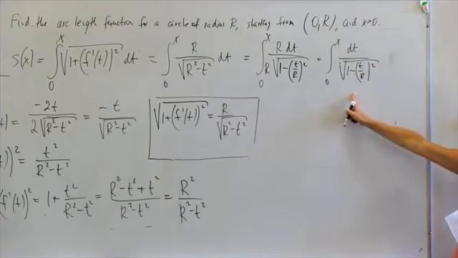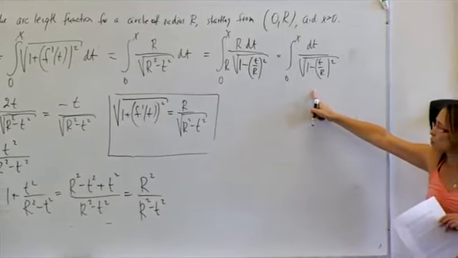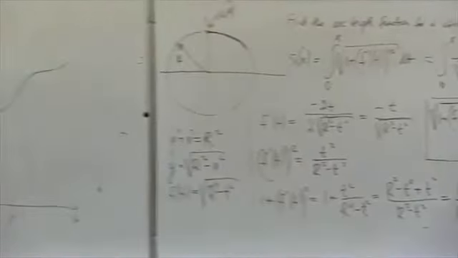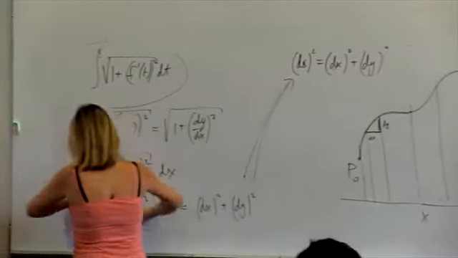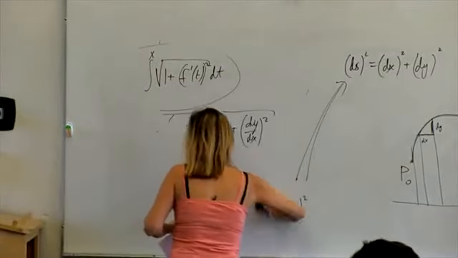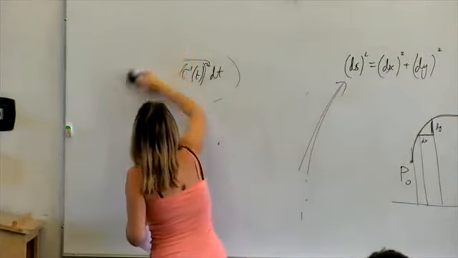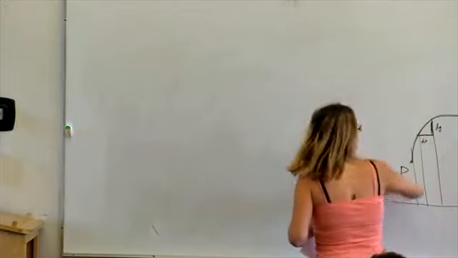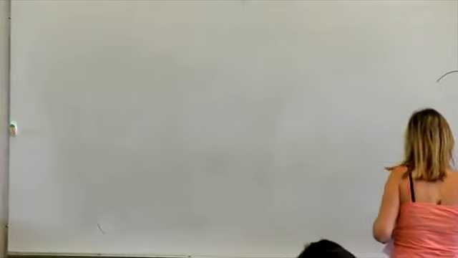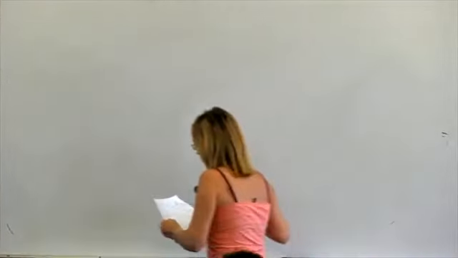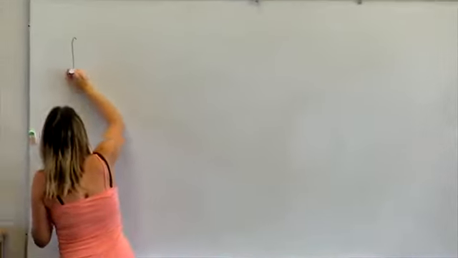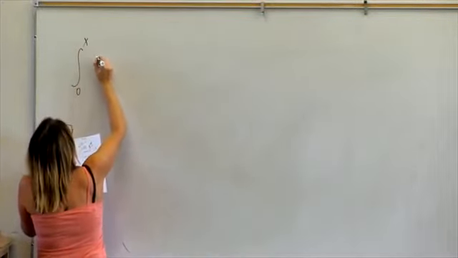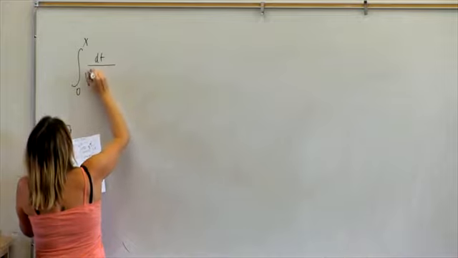So this is an easy integral to take, right? It's just one short step. I need to use an intermediate variable, u, substitution. So let's do it here. So we have an integral from 0 to x dt.